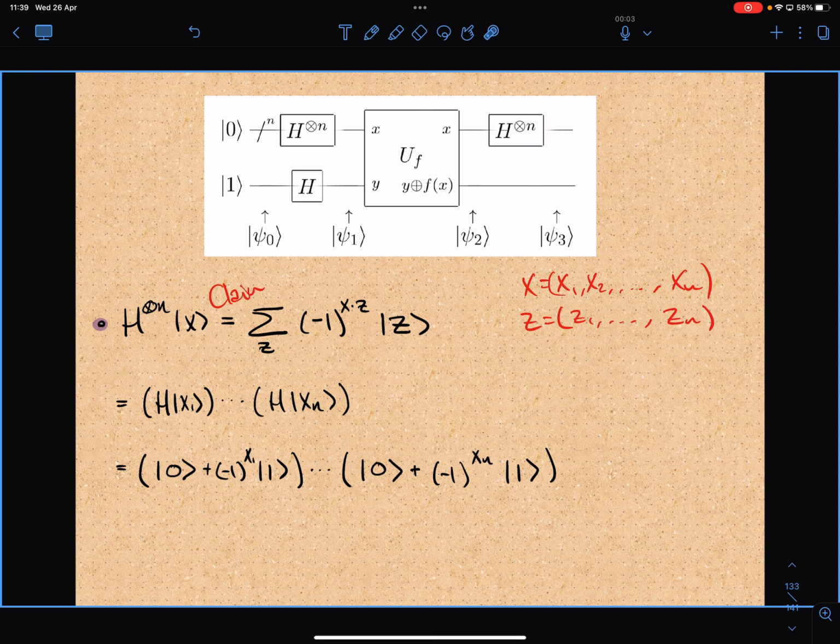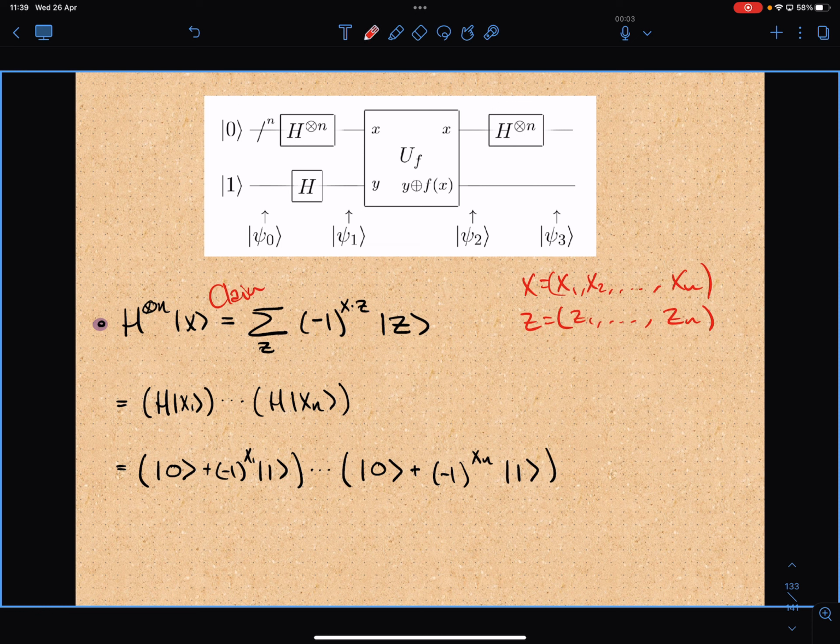The action on a specific state is going to be, again, a linear combination of all possible inputs, which I denote by z. And the phase, in this case, is going to be minus 1 to the x dot z.